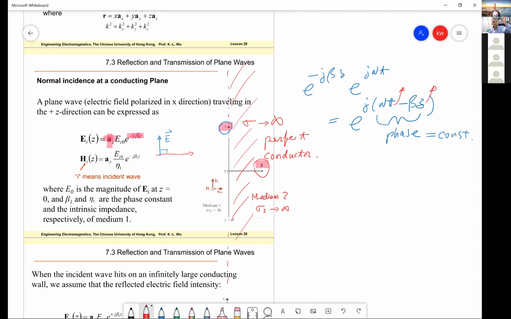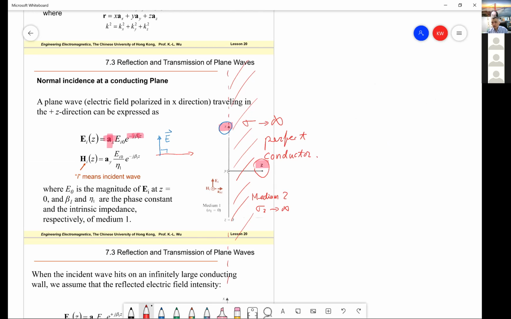So that means to keep the constant phase, as time goes, the wave propagates in the positive z direction. The other way around, if this is positive, as time goes, to keep it constant, z must decrease, right? That means propagating in the minus z direction. I think I explained this many times.